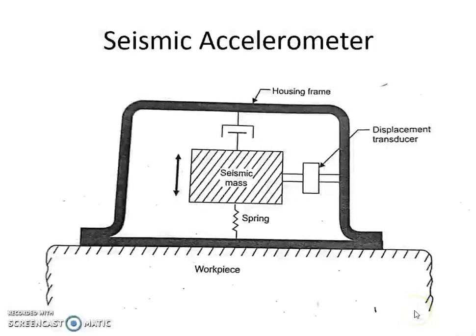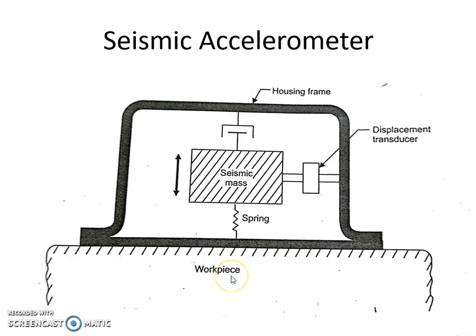Now let us see the second type of accelerometer used for the measurement of acceleration, which is the seismic accelerometer. In the case of a seismic accelerometer, the displacement of a mass resulting from an applied force is measured and that gives the value of acceleration.